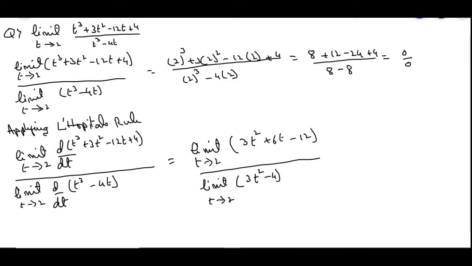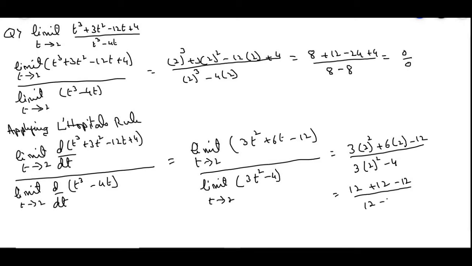Now putting the limit here, we have 3 times 2 square plus 6 times 2 minus 12 whole divided by 3 times 2 square minus 4, and this is 12 plus 12 minus 12 over 12 minus 4, and after simplification we have 12 by 8, and it is 3 by 2, that is we have divided by 4.